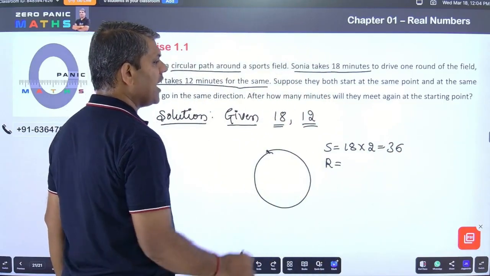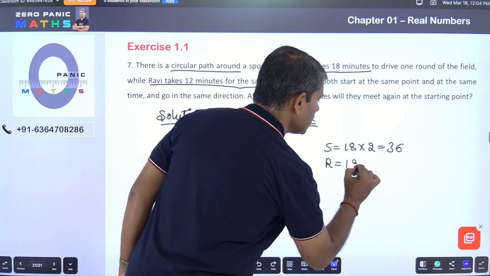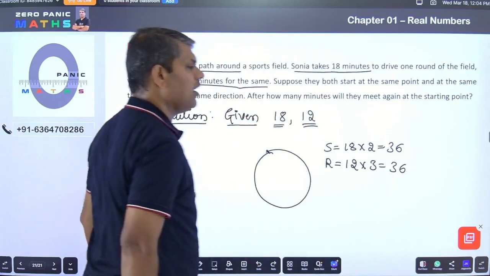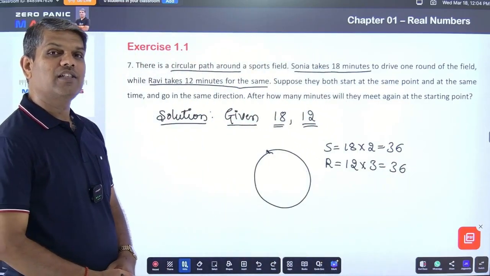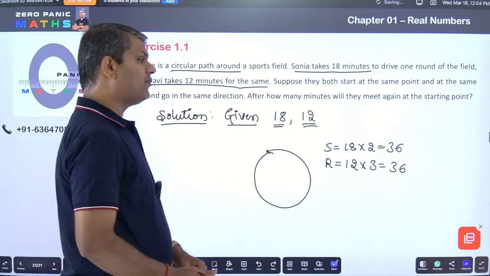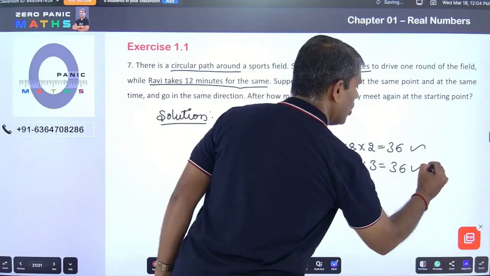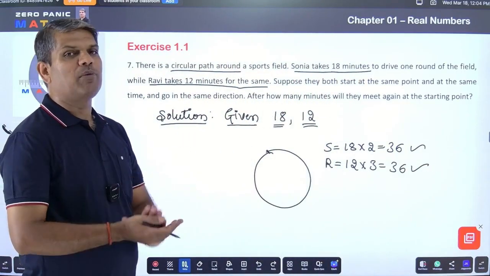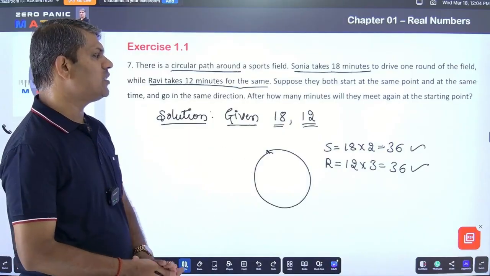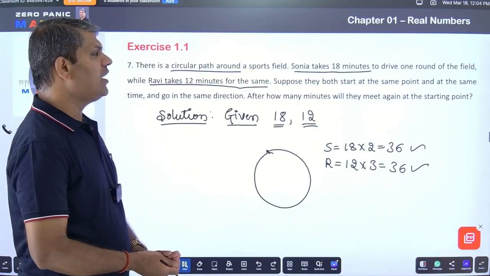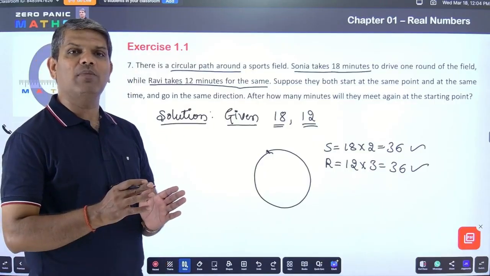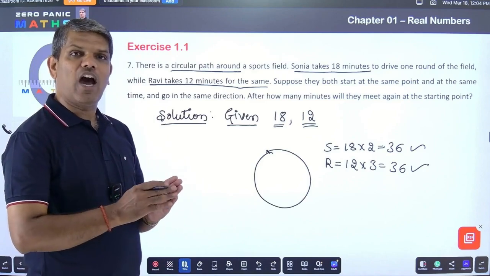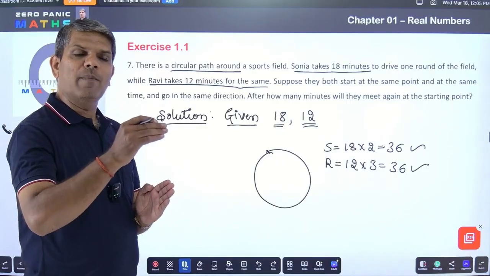Okay, whereas after three rounds Ravi will spend 36 minutes. It means that after 36 minutes, both Ravi and Sonia meet at one common point. So now why I am writing this? Because the problem here is to find out the common time after they start at the same point at the same time, after how many minutes they are going to meet together.